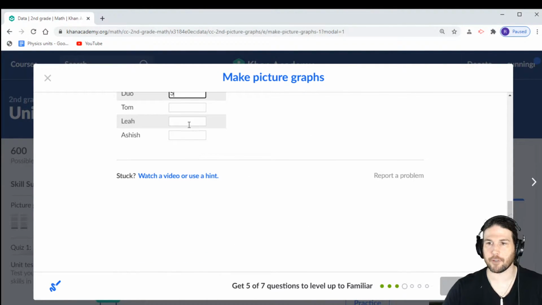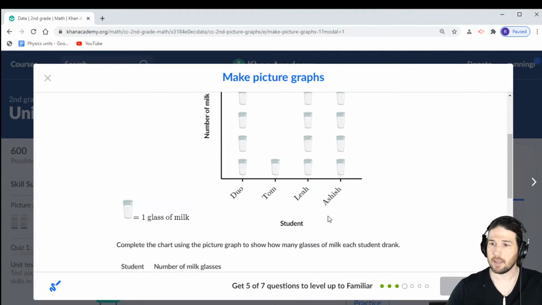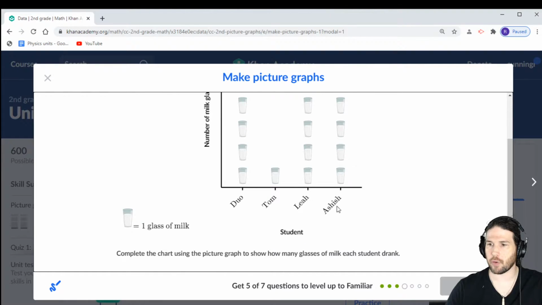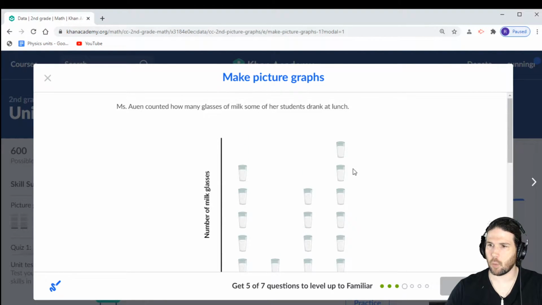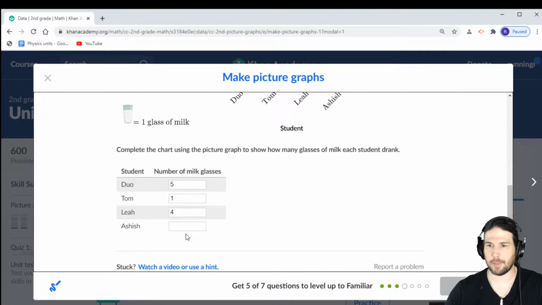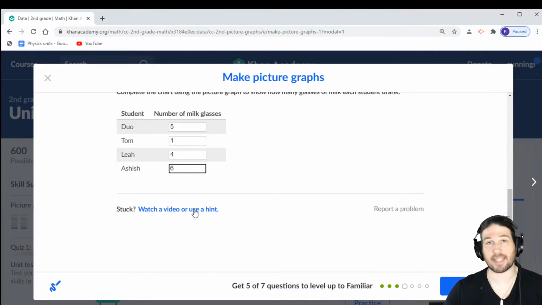Tom looks like he only drank 1, like a normal human being. Well done, Tom. Leah looks like she drank 4. And Ashish looks like 1, 2, 3, 4, 5, 6 glasses of milk in 1 lunch. I'm sure that's a thing that people really do in real life.